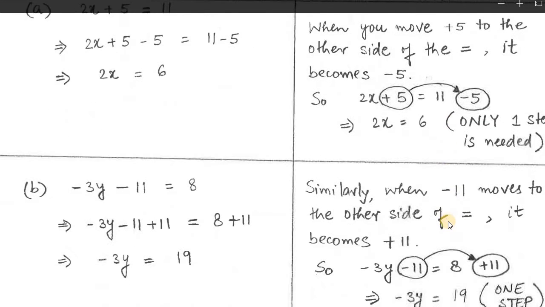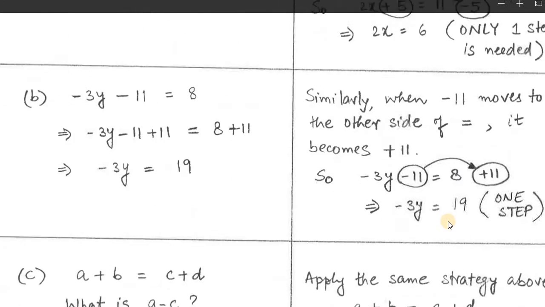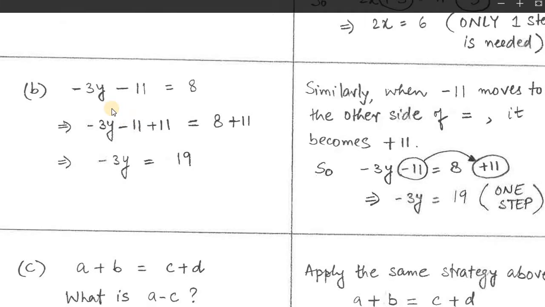If you look at the second example, example B, again a very simple example: minus 3y minus 11 equals 8. So you want to keep y on the left side and get rid of the minus 11. So you add plus 11 on this side and you do the same on this side of the equal sign.